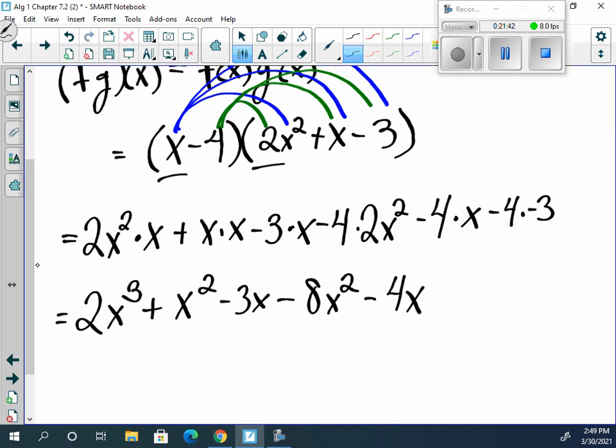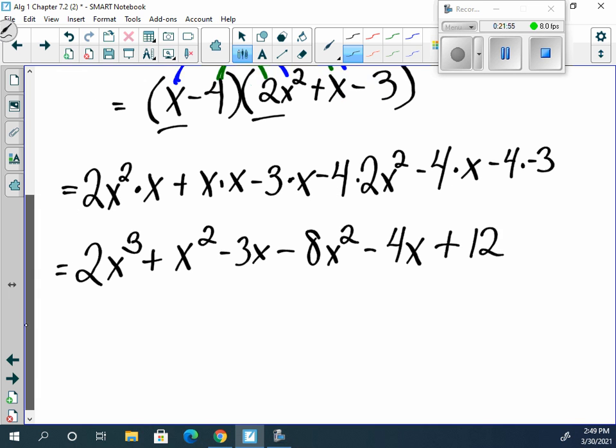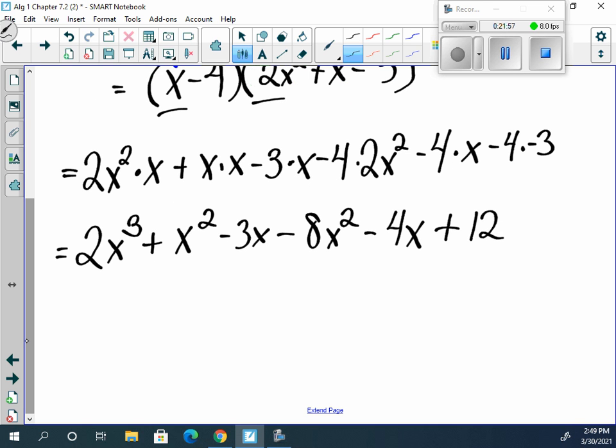And last but not least, we have negative 4 times negative 3, which would be plus 12. A negative times a negative is a positive, and 4 times 3 is 12. Any questions on this here before we start combining like terms?